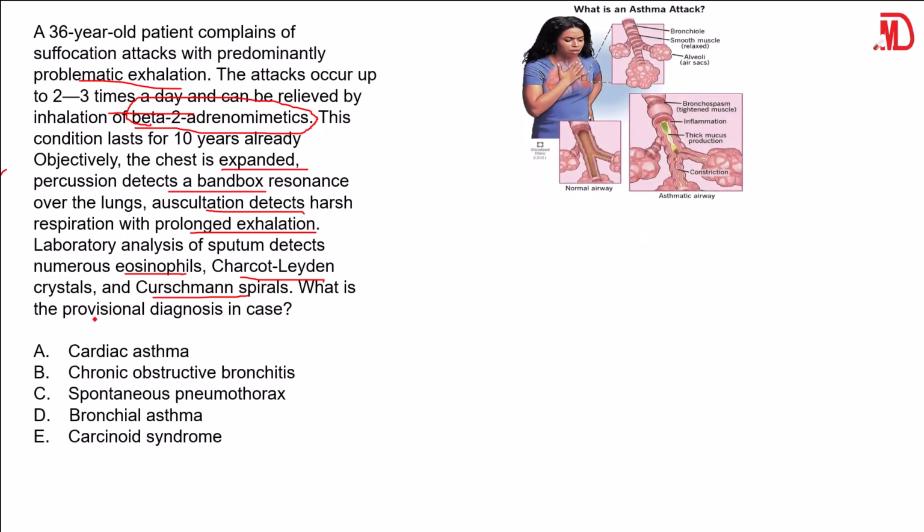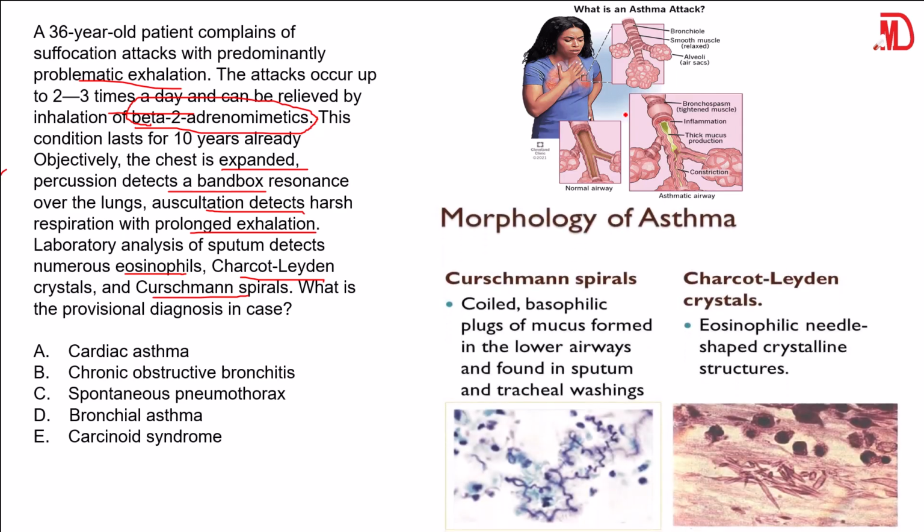So this is what they're looking at. This is simply an asthmatic attack, all right? Where your bronchi begin to get inflamed, making it difficult to breathe out. And when you look at the histology or the morphology in asthma, you're looking at what we call Kussmaul's spirals and Charcot-Leyden crystals.